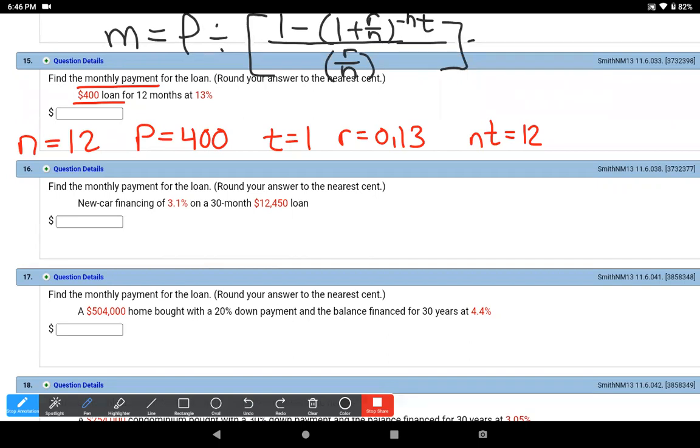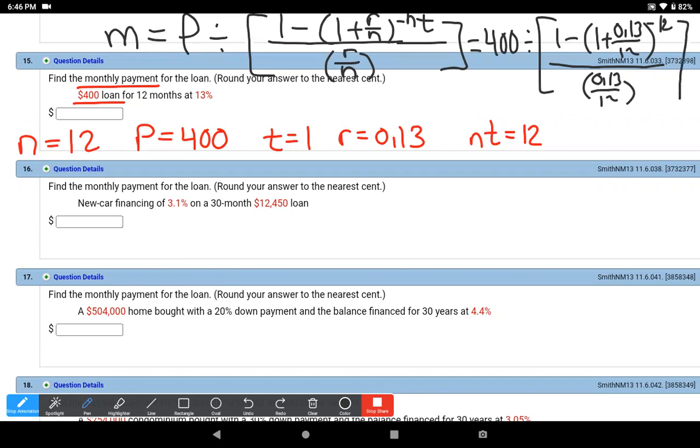So in the calculator, we have 400 divided by 1 minus 1 plus 0.13 over 12 to the negative 12 over 0.13 divided by 12.